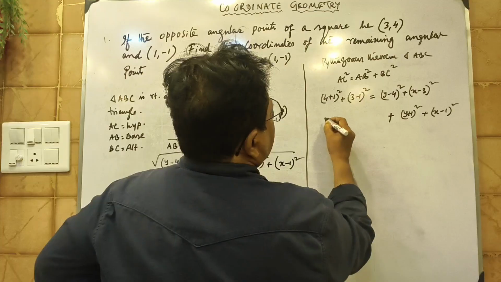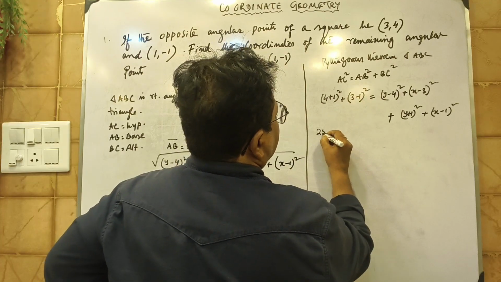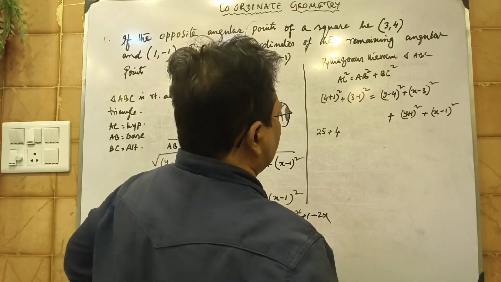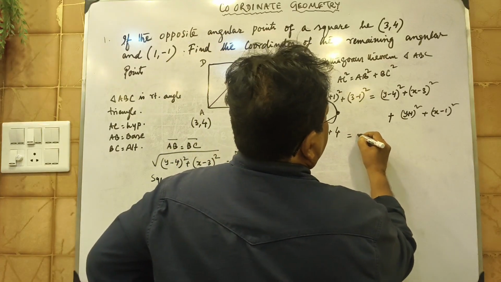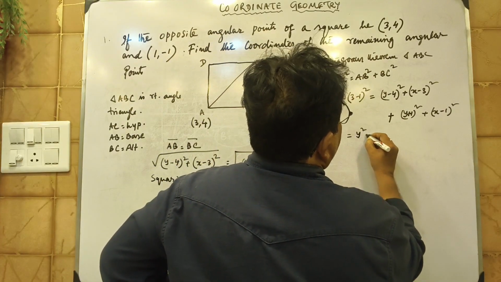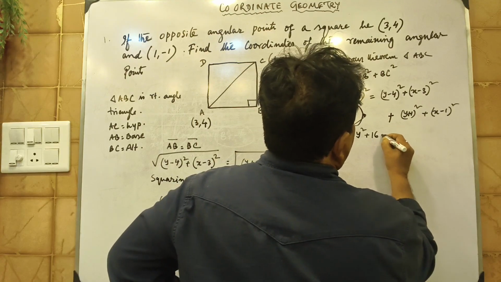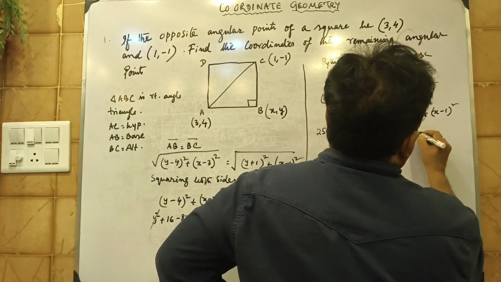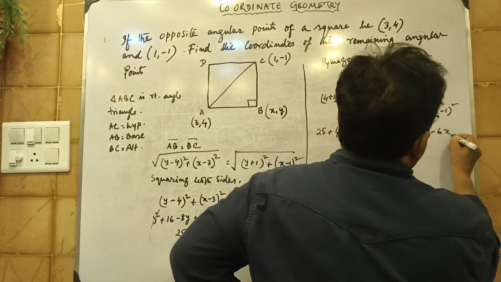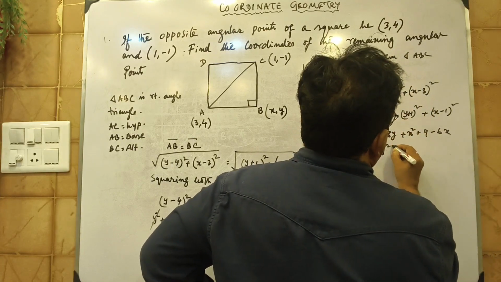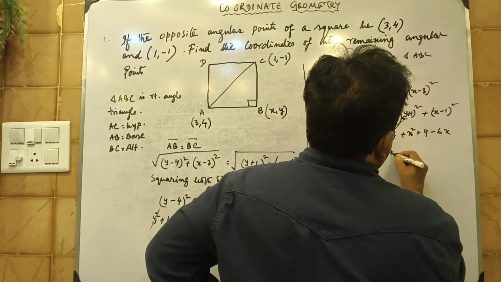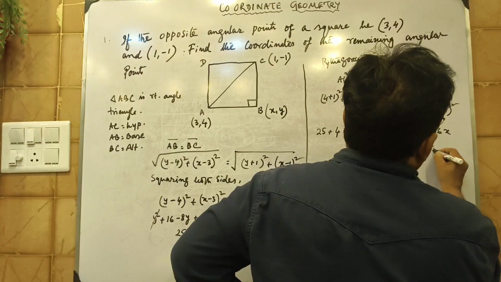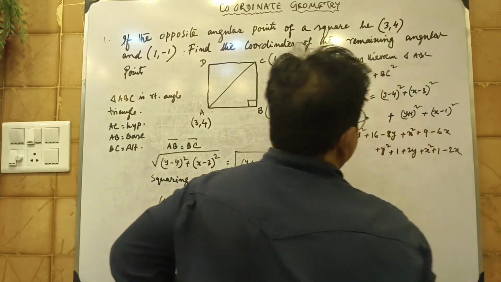Now here it is 25 plus 4, 3 minus 1 is 2, square means 4, equal to y square plus 16 minus 8y plus x square plus 9 minus 6x plus y square plus 1 plus 2y plus x square plus 1 minus 2x.